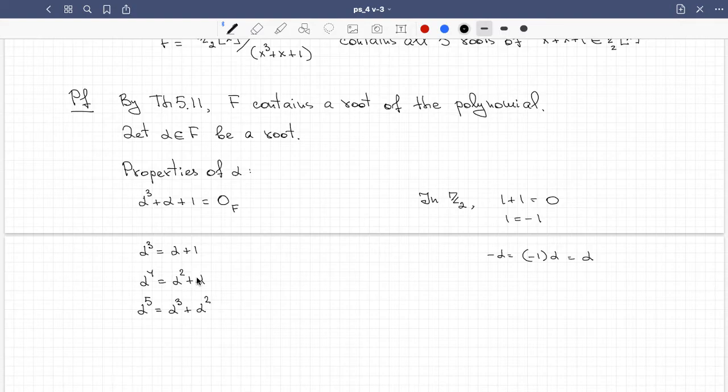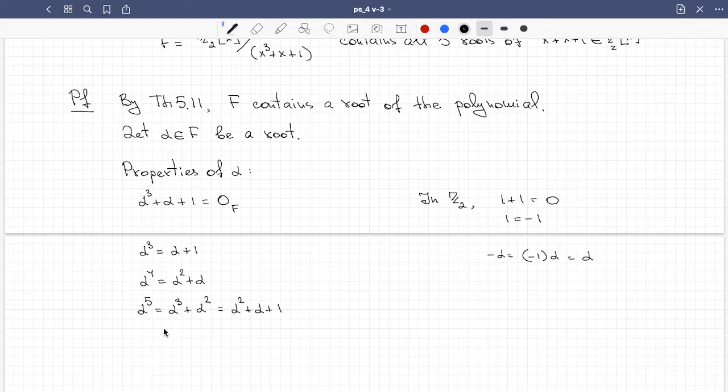Alpha cubed is alpha plus 1, we already know that. So this is alpha squared plus alpha plus 1.